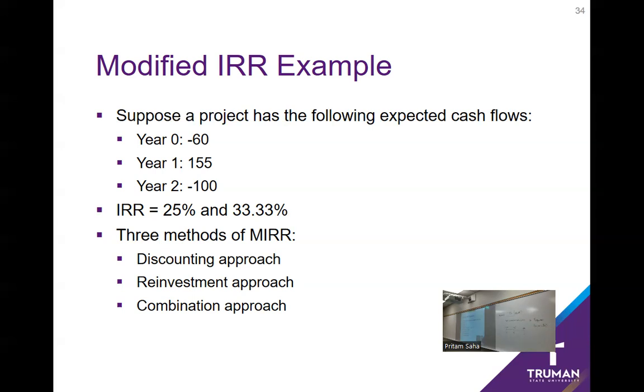Going back to the original example, assume again required return 20%. So let's calculate the modified IRR for this problem. There are three different approaches: discounting approach, reinvestment approach, combination approach, to calculate modified IRR.